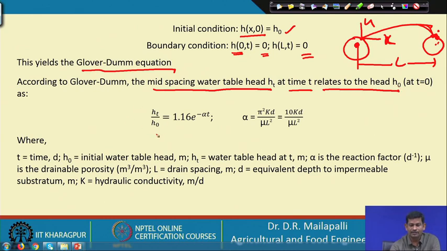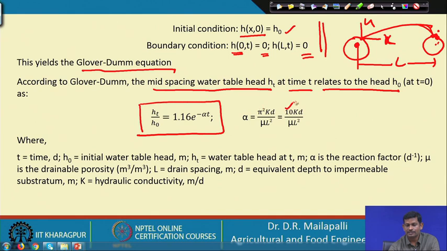So, h t by h naught, using these initial and boundary conditions and the equation, if you solve it, then it leads to h t by h naught is equal to 1.16 e power minus alpha t, where alpha is equal to pi square k d by mu L square, where pi square can be replaced with 10, so alpha is 10 k d by mu L square. Okay, and the terms are defined here.